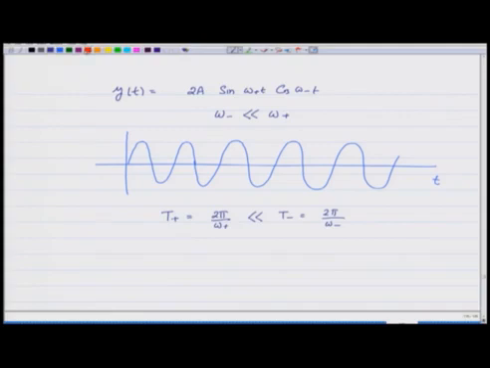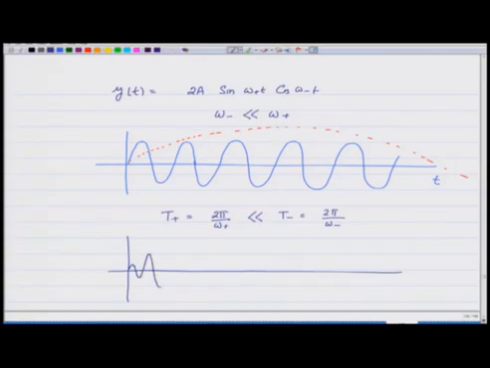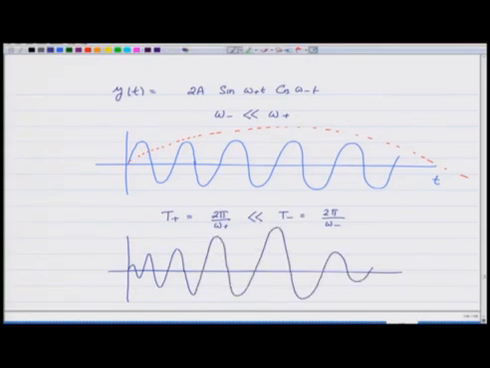And the term multiplied by omega minus is much more slowly varying. So, the second term varies very slowly, and then it will go down. So, if I multiply the two terms right here, I will show this. If I multiply the two terms, what I am going to get is something like this. Becomes small again, and then it will pick up again.